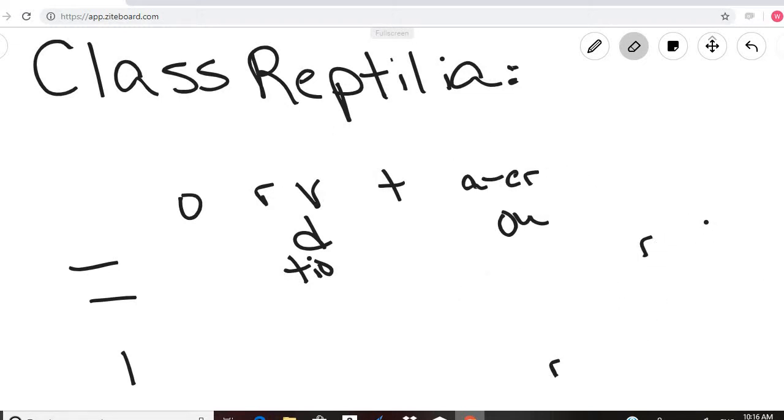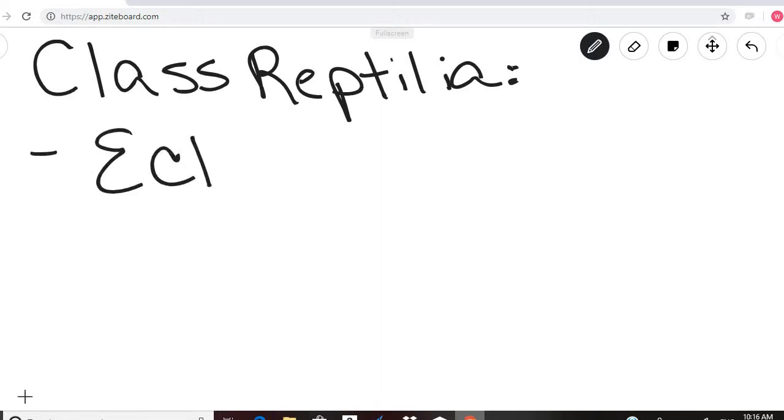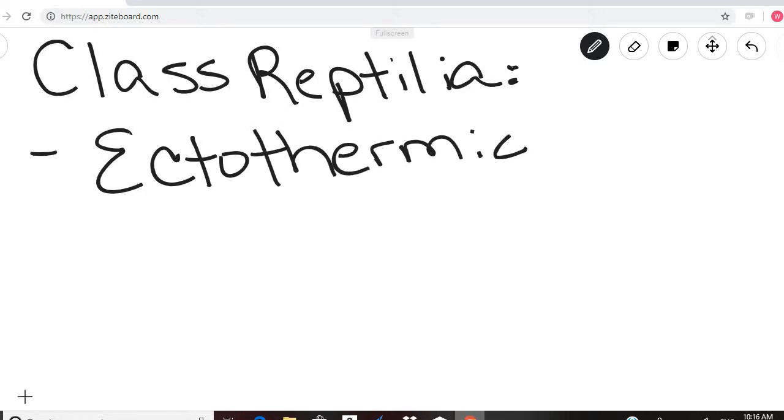A second characteristic is that they are ectothermic. Okay, and we've already talked about that term. So that means that they do not have an internal mechanism to keep them warm.